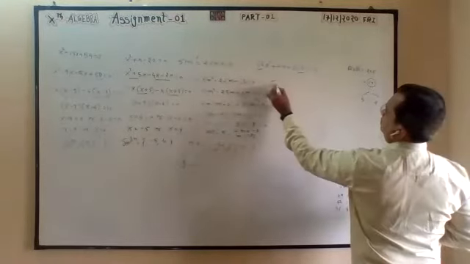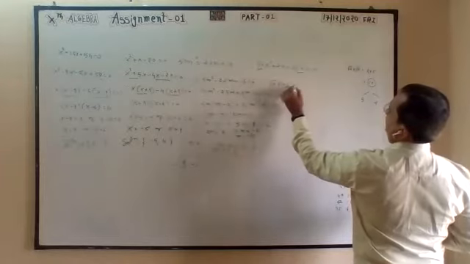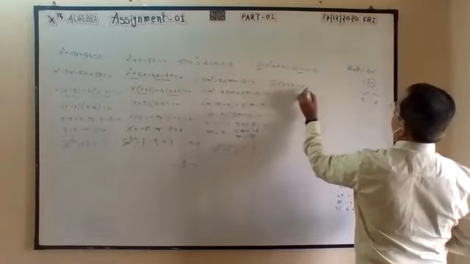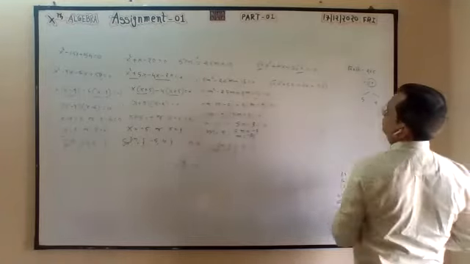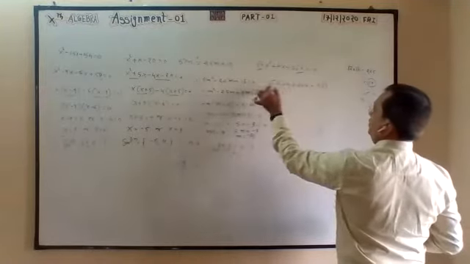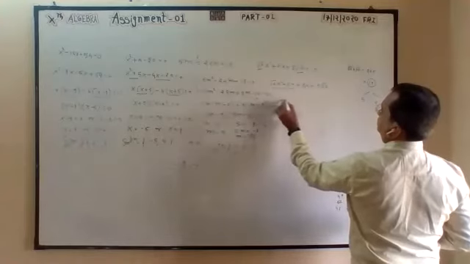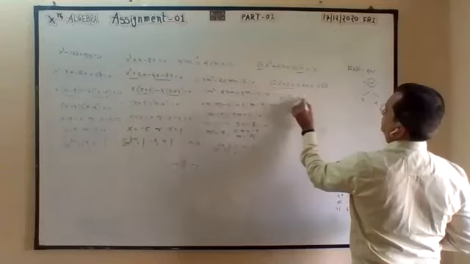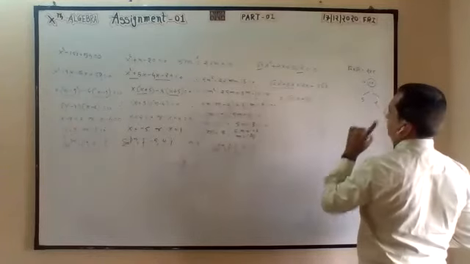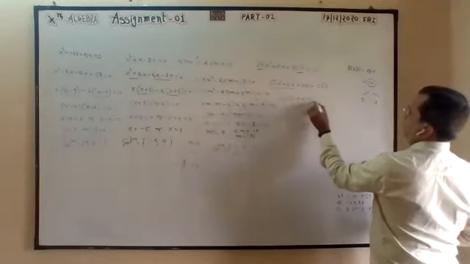So root 2 x square plus 5x plus 2x plus 5 root 2. What can you take common? Only x. So root 2 x plus 5. Here what can you take common?